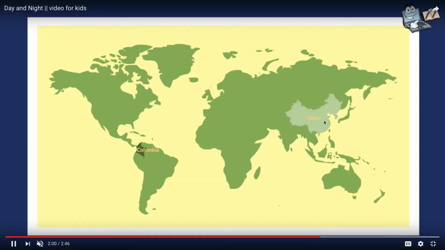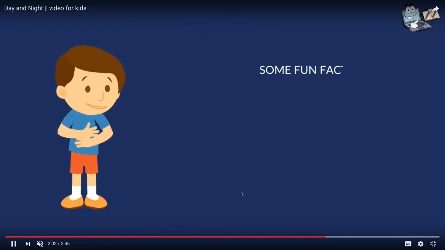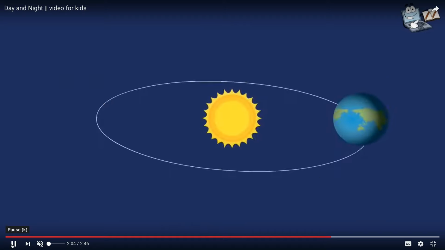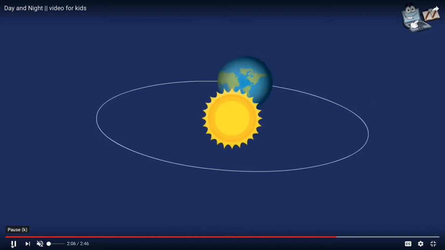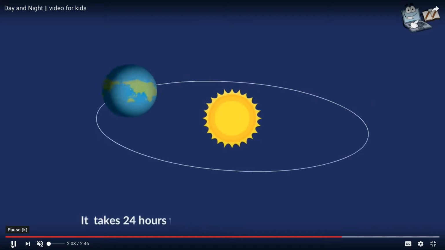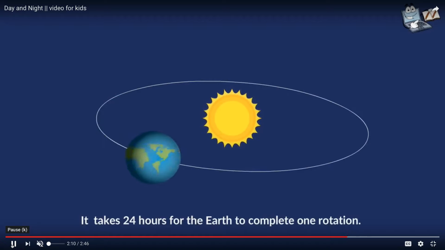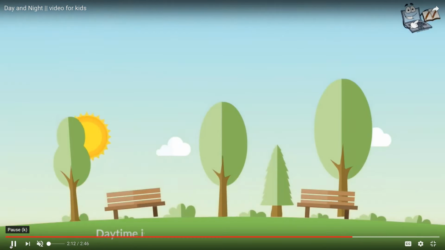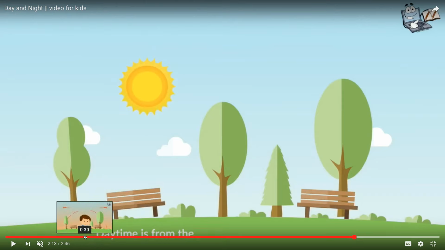The same thing. It takes 24 hours for the Earth to complete one rotation. That means one spin. That's why we have a day and a nighttime every day.